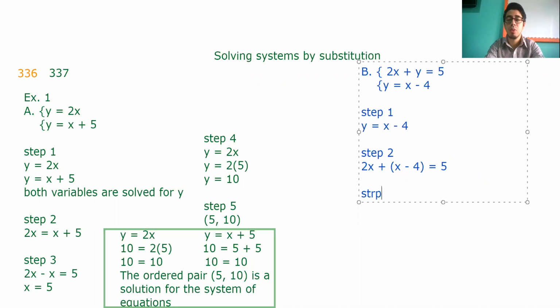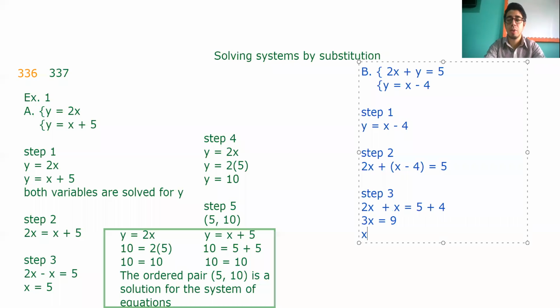Step 3 is when we start solving for the variable. In this case, the only variable that I want to find is x. So I have that 2x plus x is equal 5, and the negative 4, I'm going to pass it to the other side, so it's positive 4. 2x plus x is 3x equal 9.